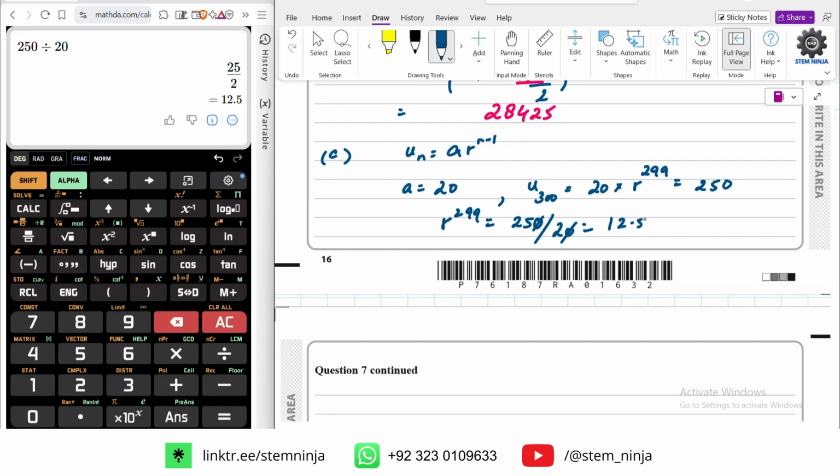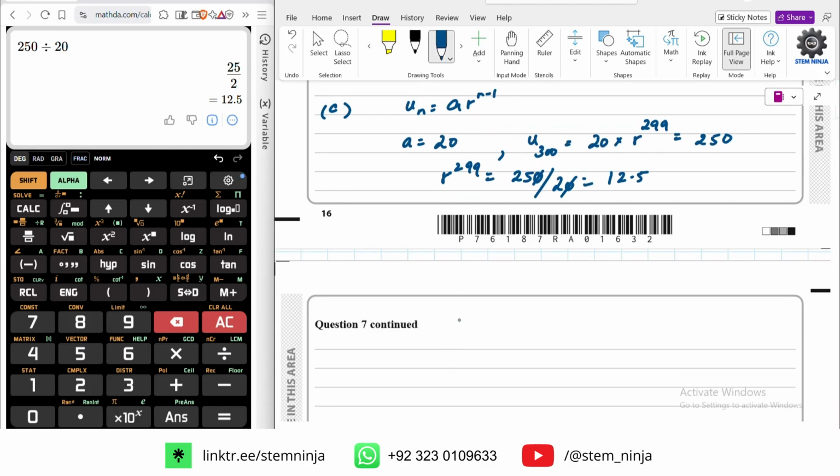Either way that would be fine. So 299 log of R equals log of 12.5. So you have log R. This is base 10 basically.